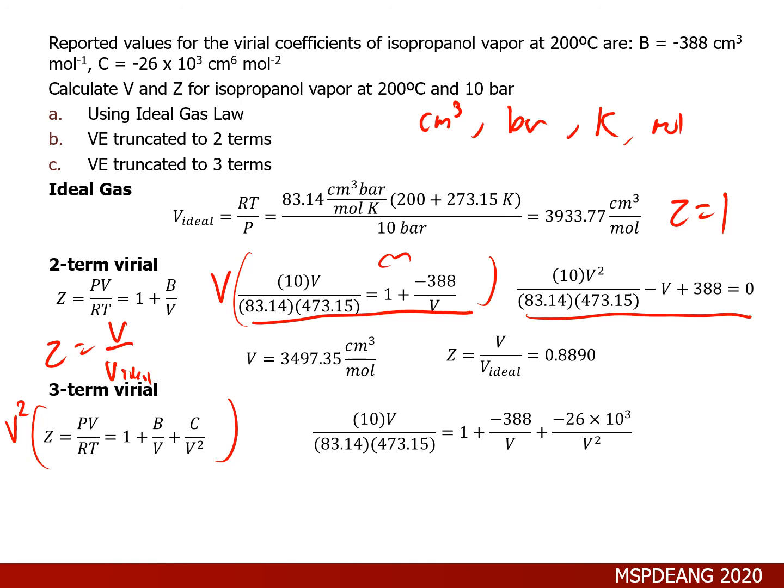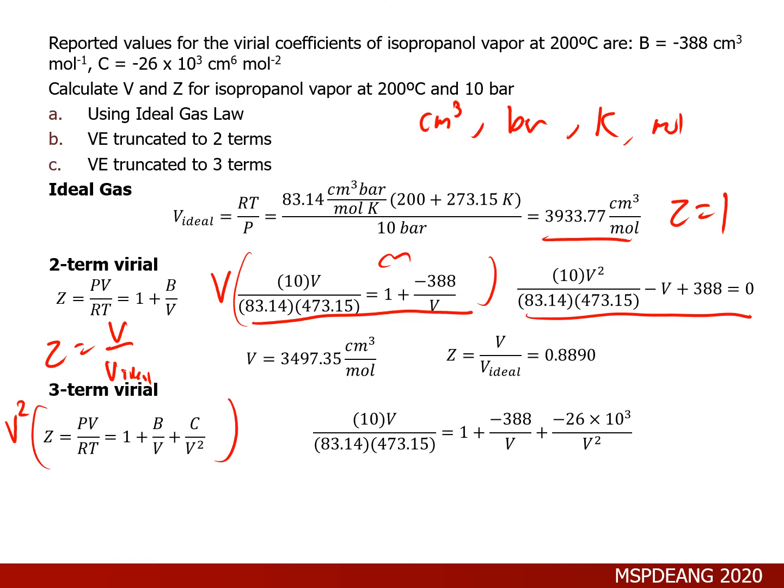Solving for the roots and obtaining the correct root, which should be the one closer to the ideal gas volume. If you don't want to solve a cubic or quadratic equation by hand, you can use shift solve. Since this is a gas, your initial guess when you shift solve should be the ideal gas volume. Don't just input any initial guess, because you might get a different root.